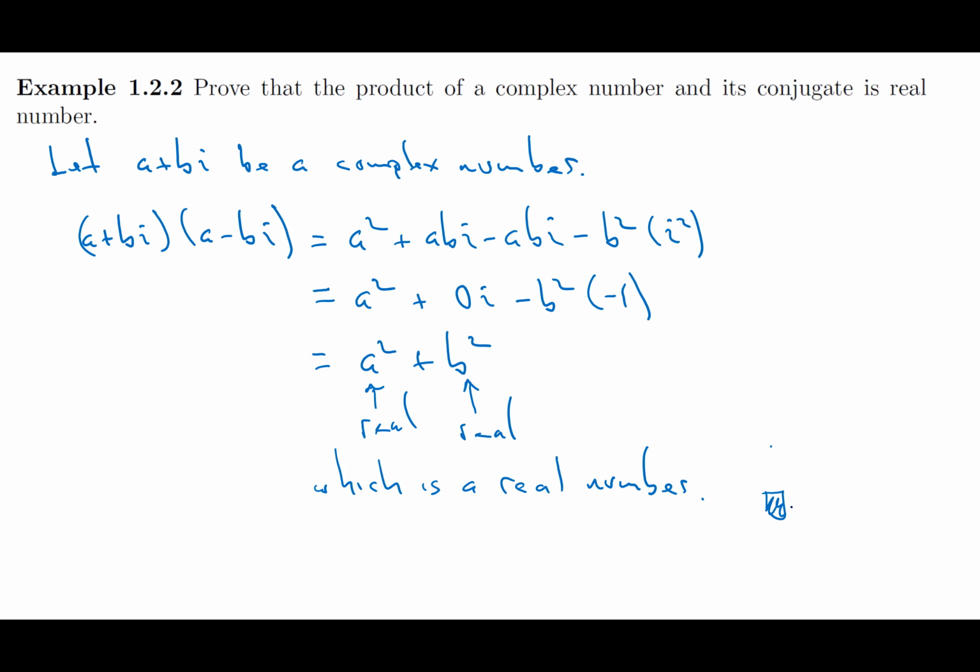Okay, so let's finish up here by going back to that Venn diagram, right? Last time we said, okay, I'll build it from the inside out. You've got the natural numbers. The natural numbers are contained in the integers.